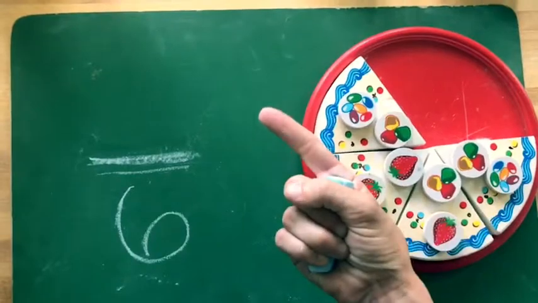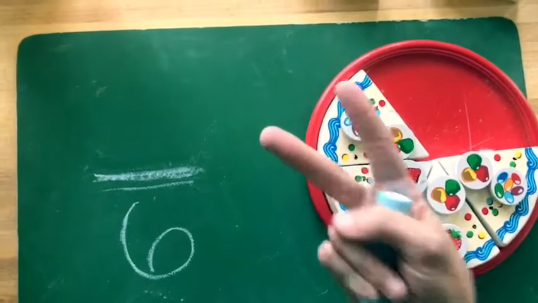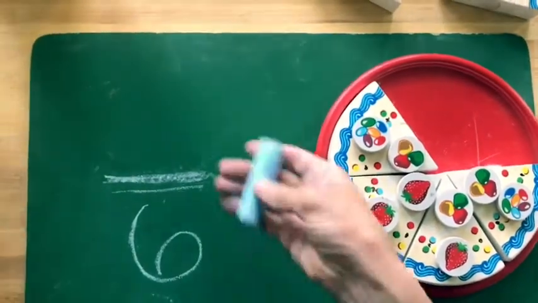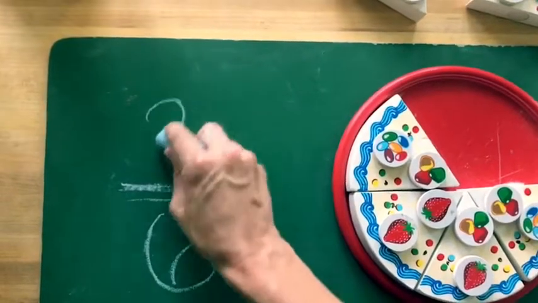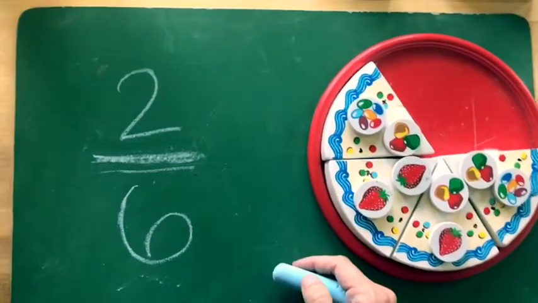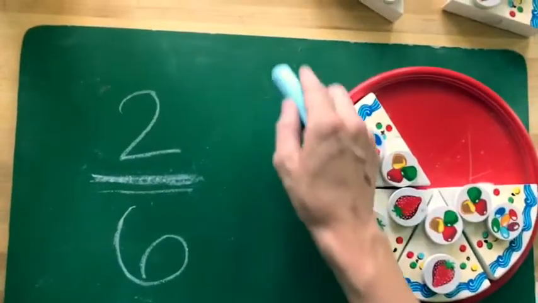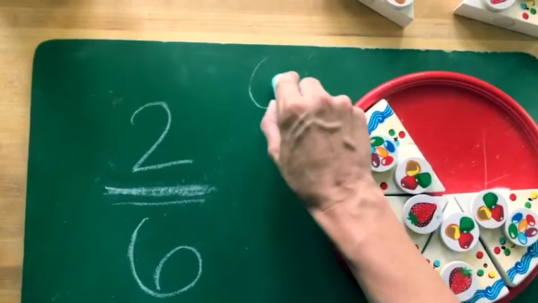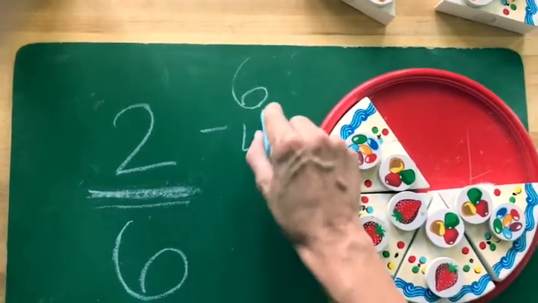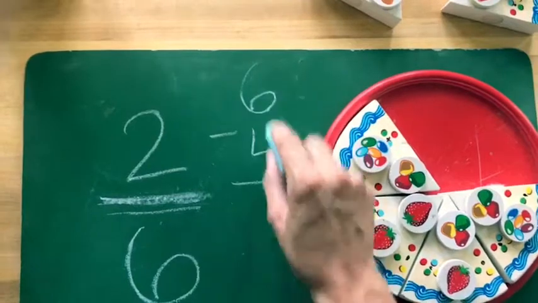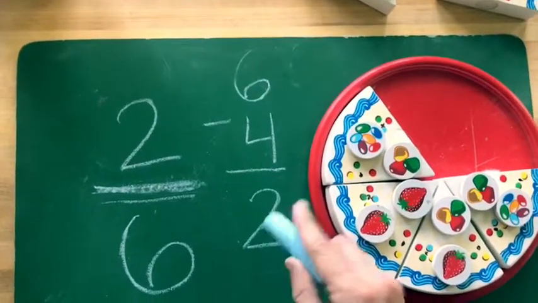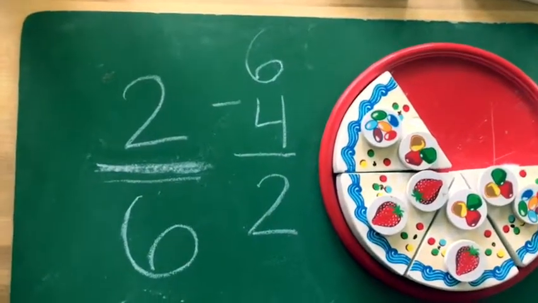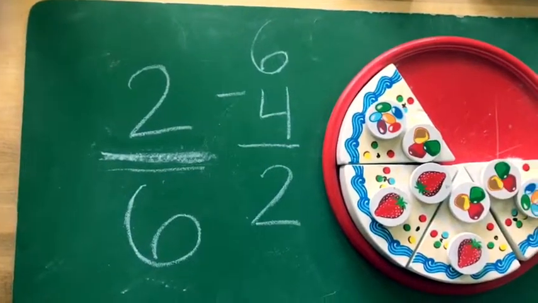So we know it's just 2 away from 6, so 2 pieces of cake are missing. You could also say 6 minus 4, and that would give you 2. So there are 2/6 of the cake missing.